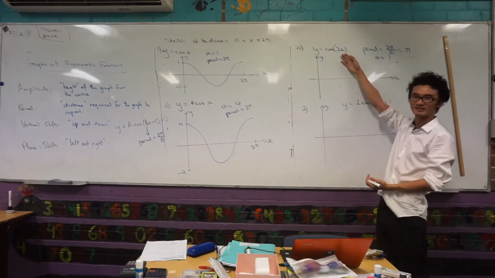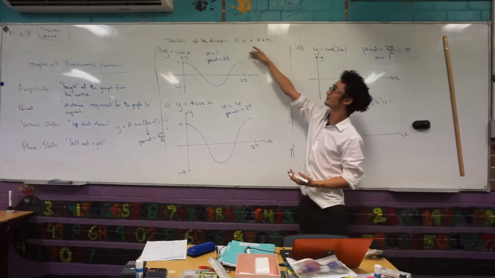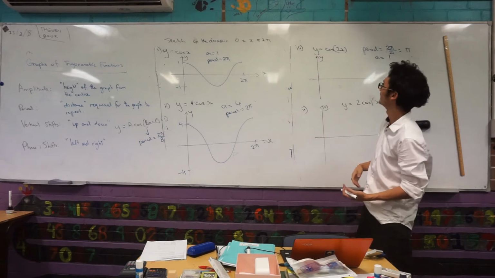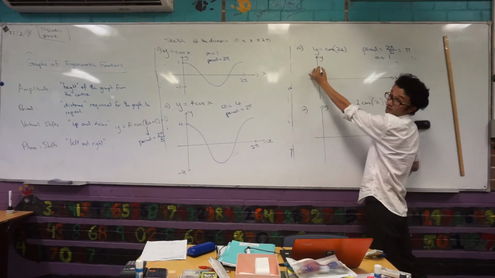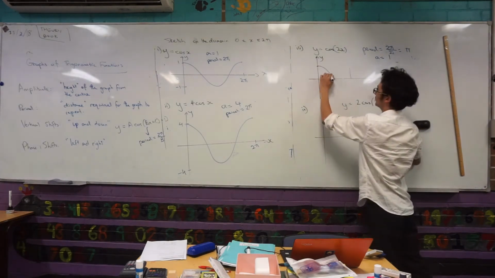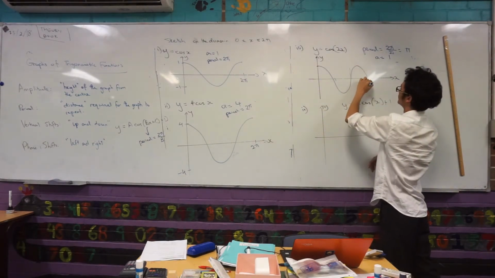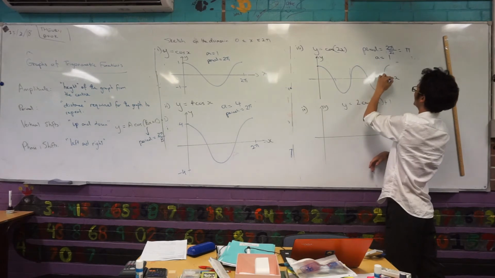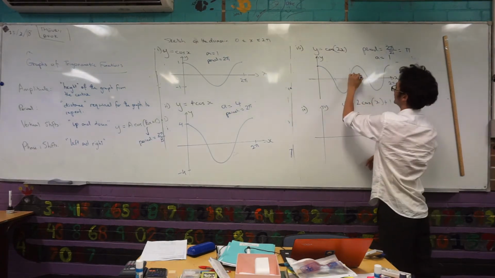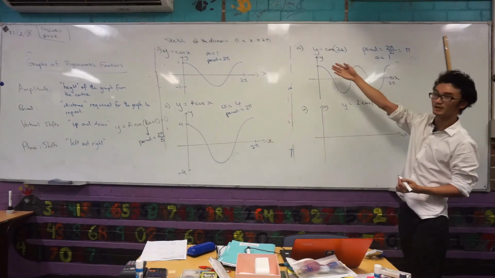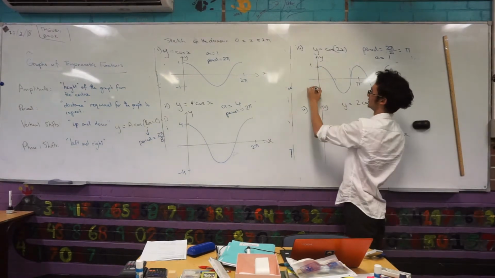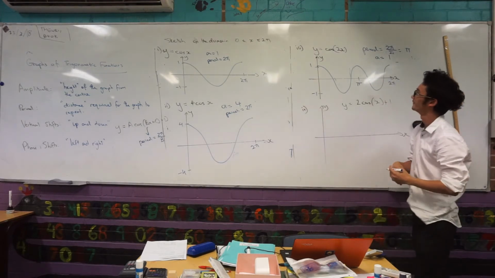Really, that's just going to mean that I expect to see it twice in this interval from 0 to 2 pi. And so what I'm going to do is just draw my cos graph twice. 1, 2, there. And this is the point here where it repeats. That's going to be pi. And what's my amplitude? My amplitude just stays the same. So 1 to -1 there.